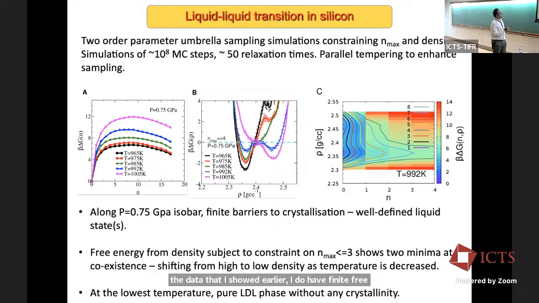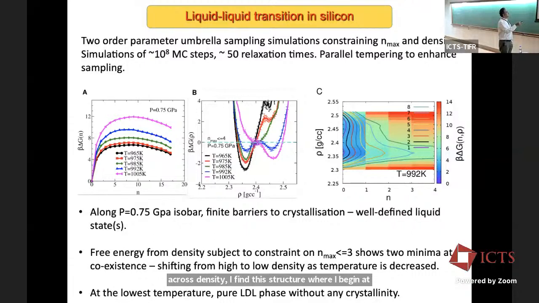And then if I stay at small degrees of crystallinity and I look across density, I find this structure where I begin at high temperatures with a single free energy minimum.